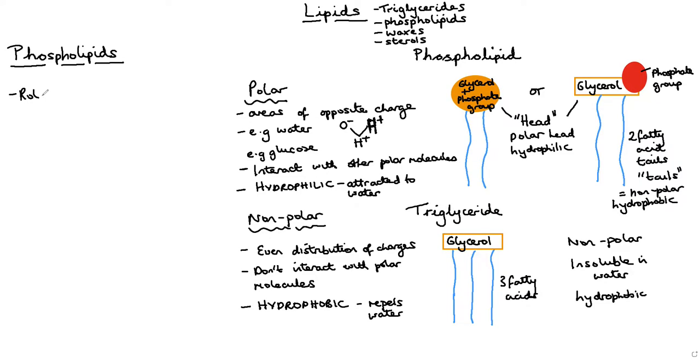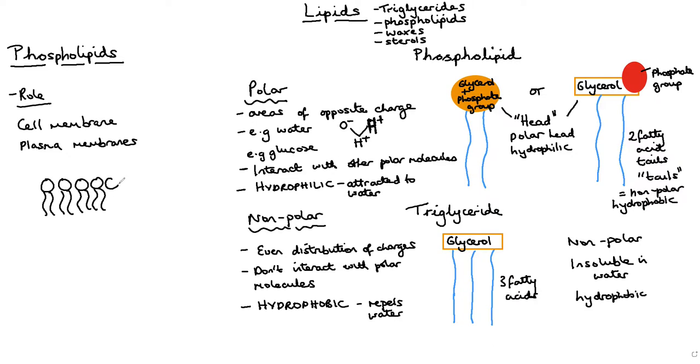So the role of phospholipids is in the cell membrane, not just the membrane around the cell, but also membrane around organelles you find in eukaryotic cells, so around all plasma membranes. I'll just draw a little picture of a plasma membrane or cell membrane, and it's made up of two layers of phospholipids.